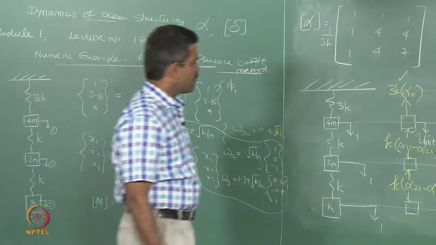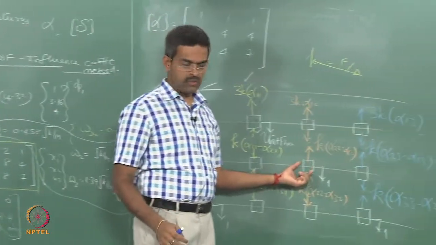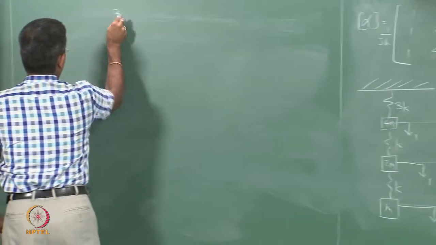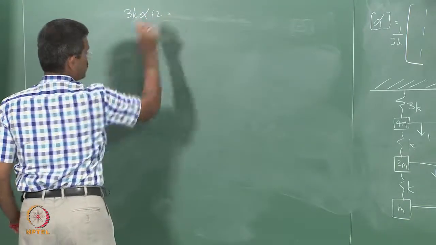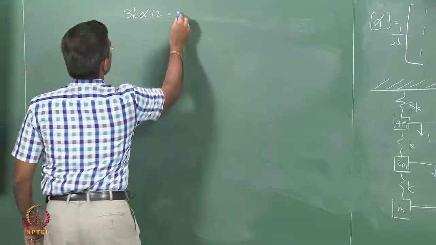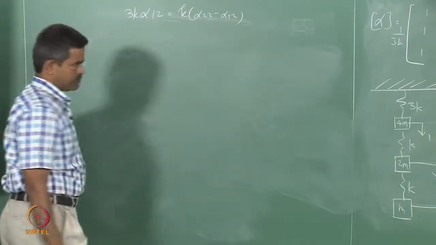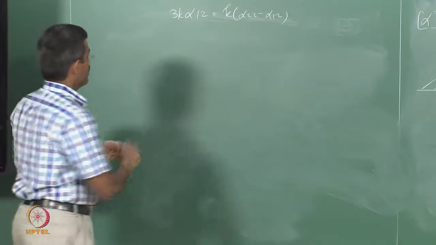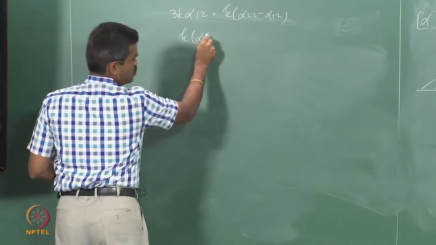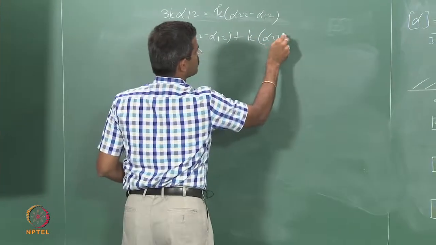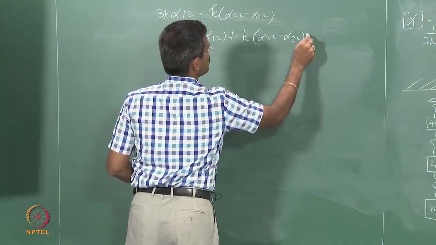Let us spend a couple of more minutes to at least get this also. So, let us write this equation here. 3k alpha 1 2 should be equal to k of alpha 2 2 minus 1 2. K of alpha 2 2 minus 1 2 plus k of alpha 2 2 minus 3 2 should be 1.